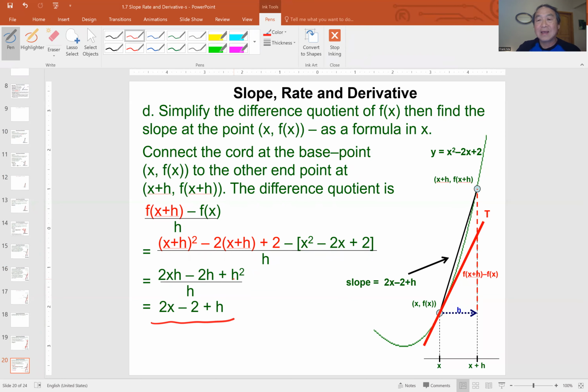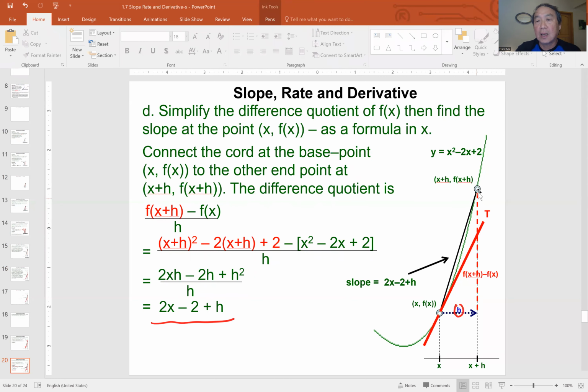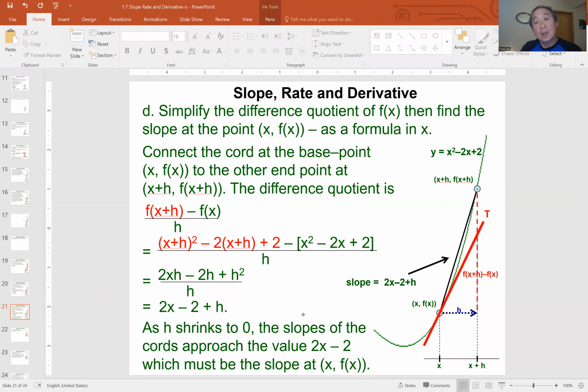And then as h goes to 0, this line becomes closer and closer to the tangent line. So the tangent line must have slope equal to 2x minus 2, depending on what the number x is.